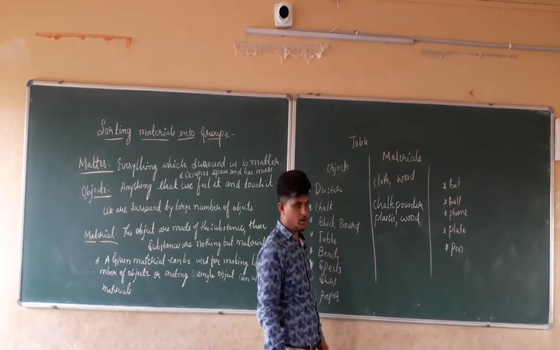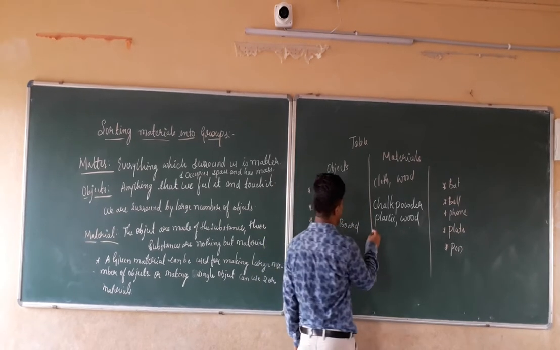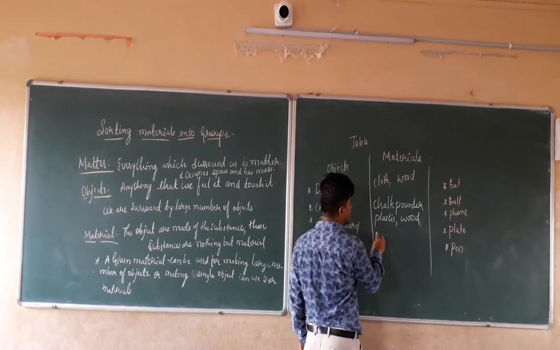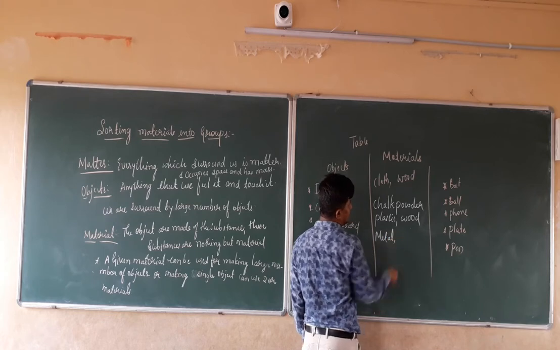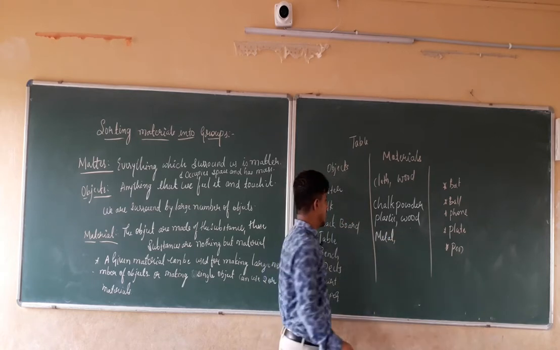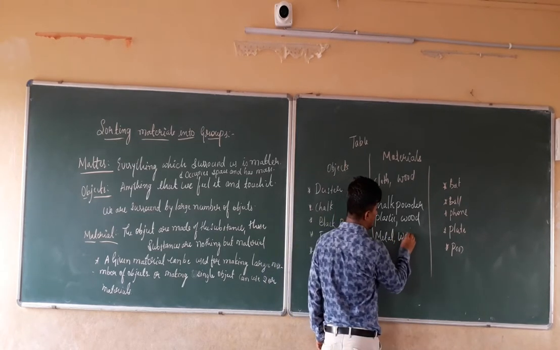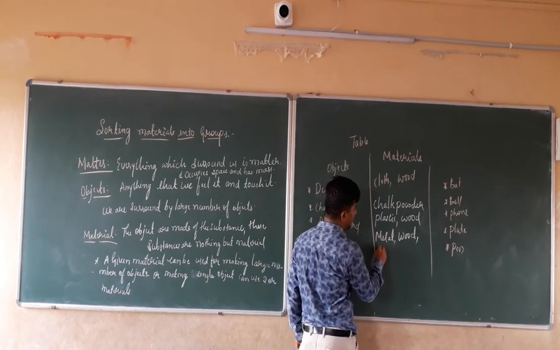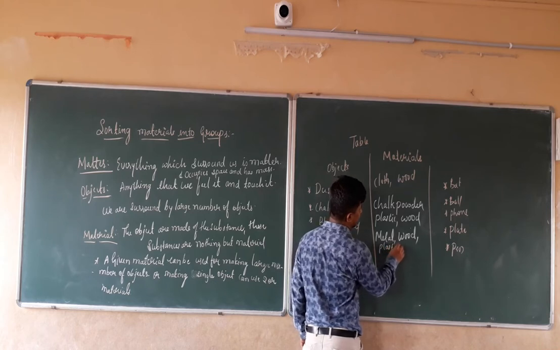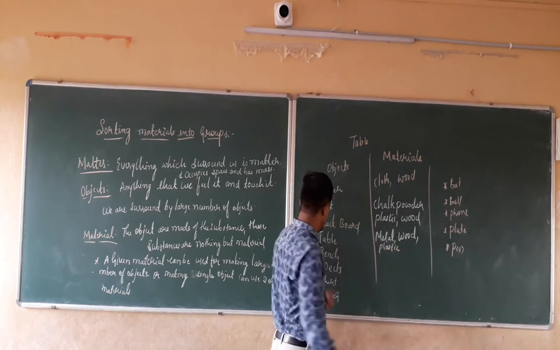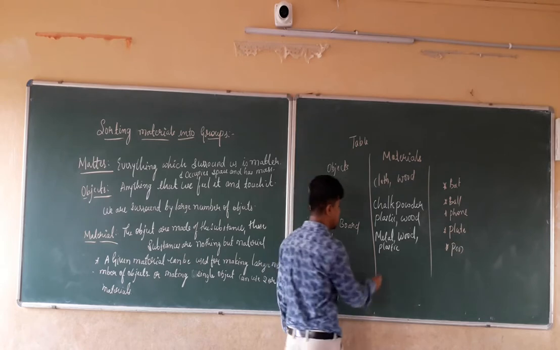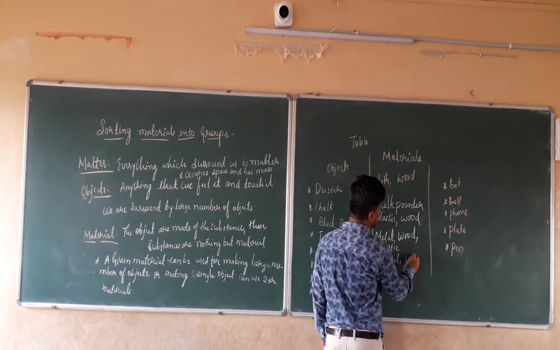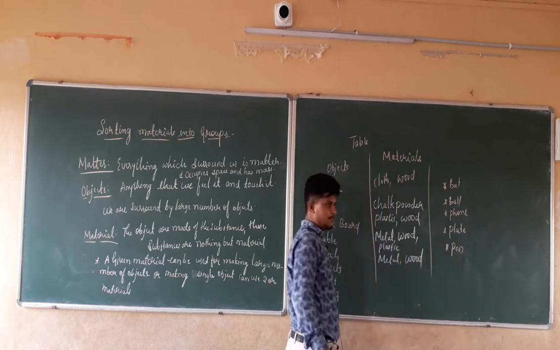If you take the example of the table, it is made from metal when you see it, as well as some tables are made from wood, and some tables are made out of plastic. In the same manner, the bench is also made from metal or from wood.